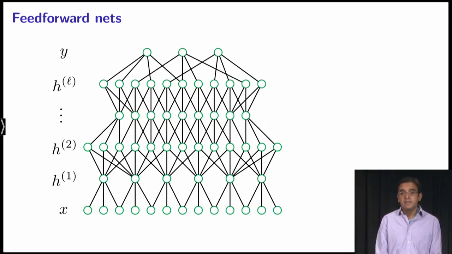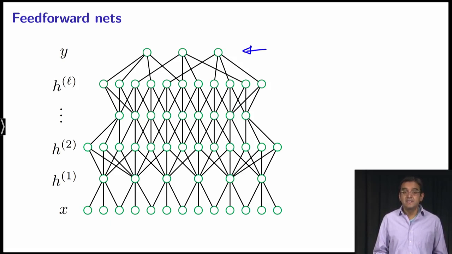So here again is the architecture of a feed-forward net. It contains a large number of units that are organized in layers. At the bottom, there is the input layer, where the input vector x is presented. It goes through a computation that starts at the bottom and proceeds all the way to the top, ending in the output layer, y.